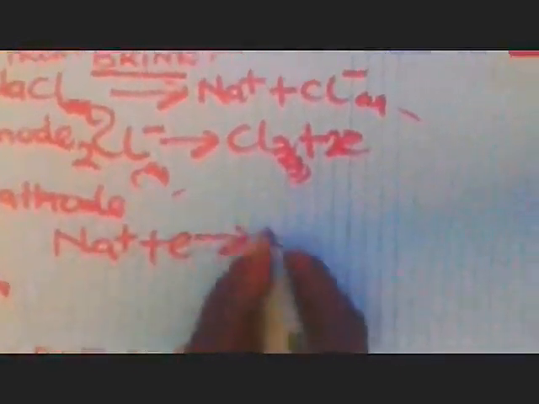Then at the same time, at the cathode, the sodium ions will gain electrons and form sodium. This is the mercury cathode cell, having a cathode made up of mercury. So the sodium formed will combine with the mercury, which is a liquid, to form what we call sodium amalgam.